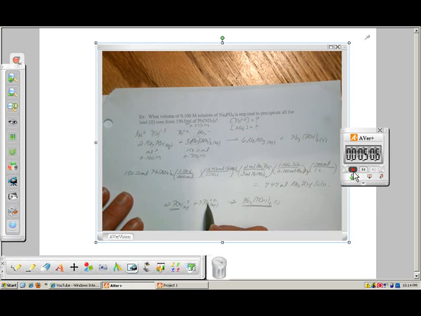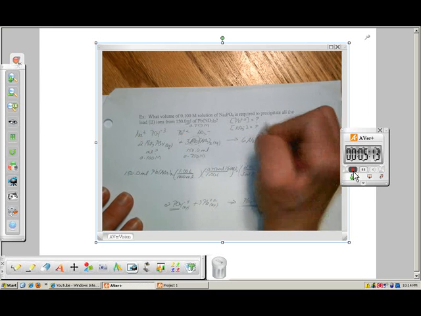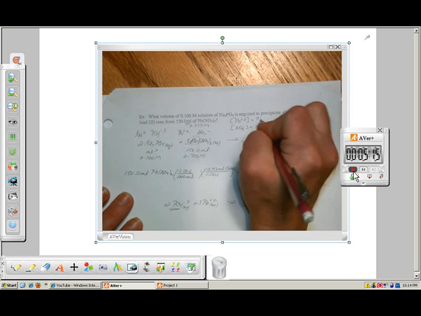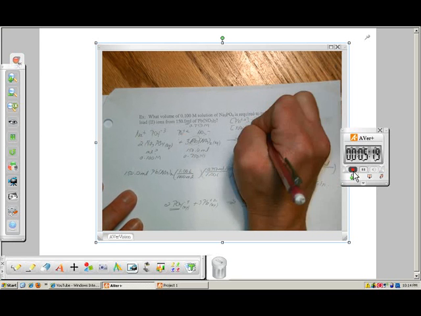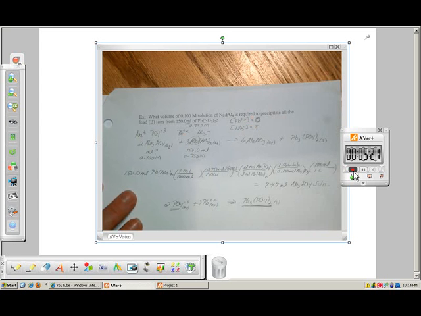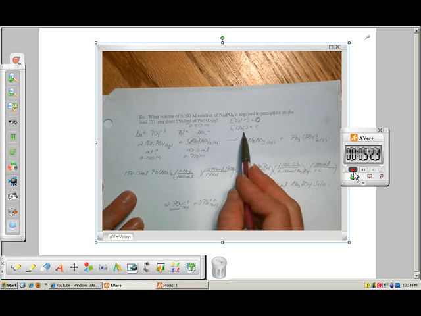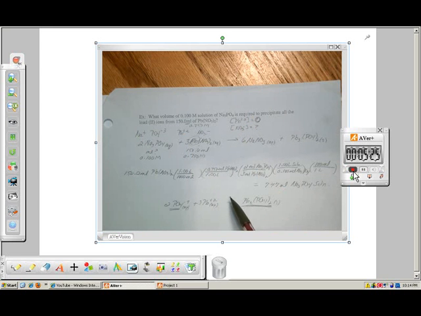So all of this lead will be bound to the phosphate. After the reaction, we no longer have any lead 2 plus ion. Its concentration is 0.